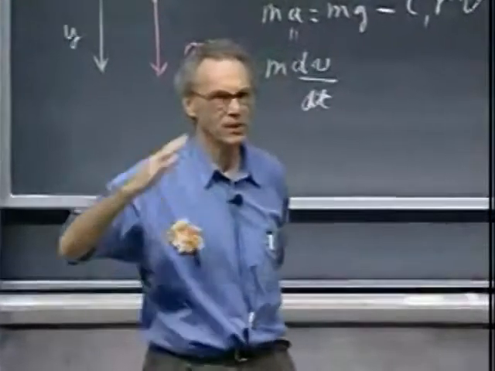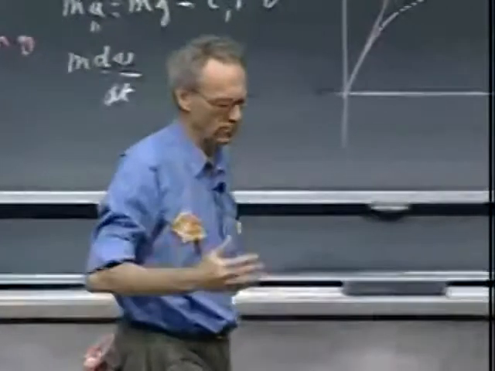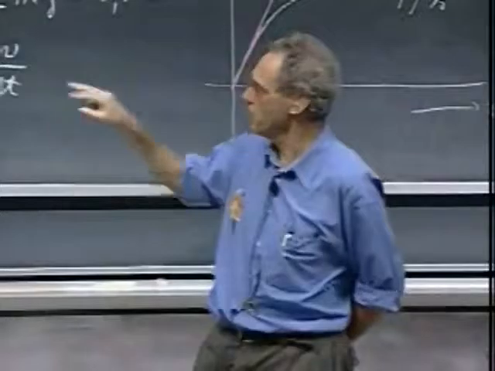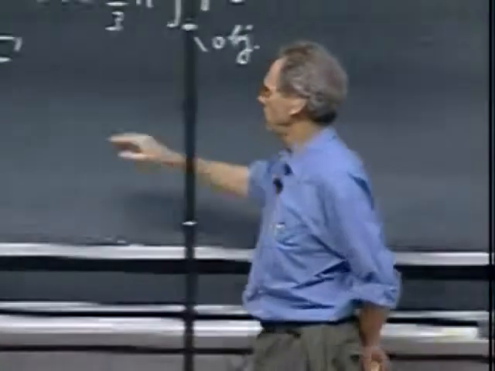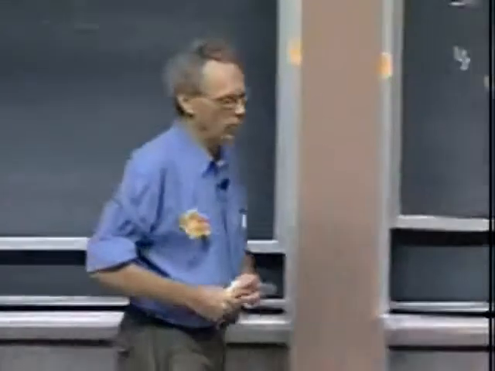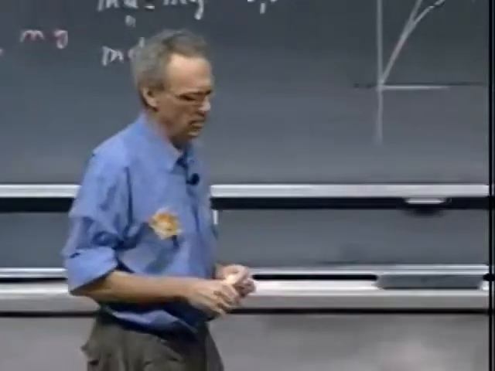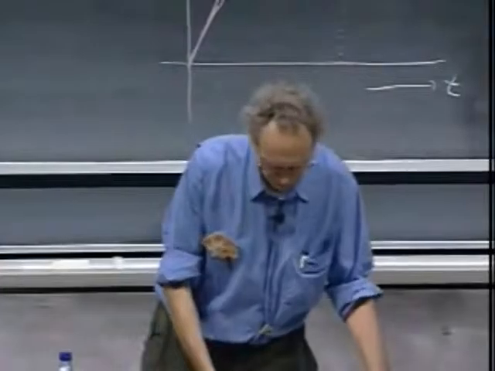You're always dominated by the pressure term, by the v² term, and you always are in a range whereby the terminal speed is proportional to the square root of the radius for a given density of the object.